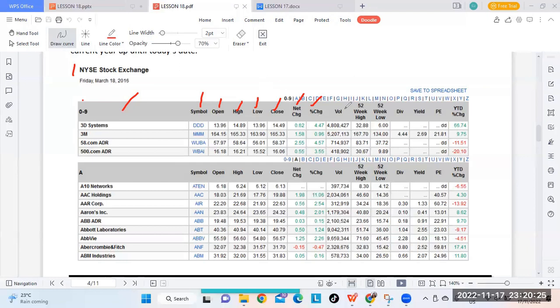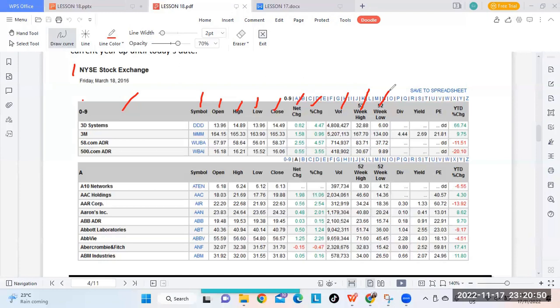Tapos si column number 9, that is the trading volume or volume, ano dyan, nakasulat. And that is the total number of shares traded for the day. Then column 10 and then column 11, that's the 52-week high and low.